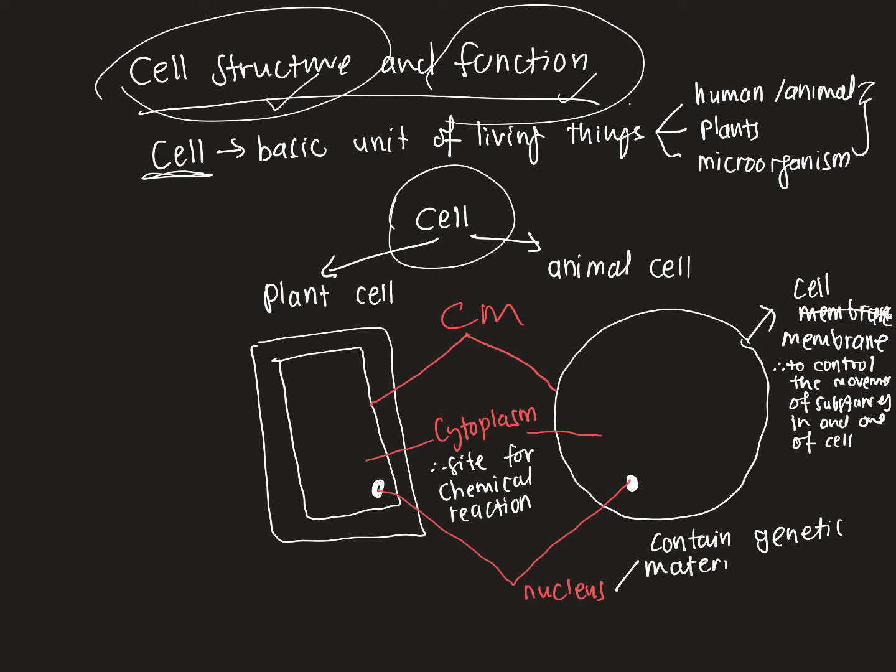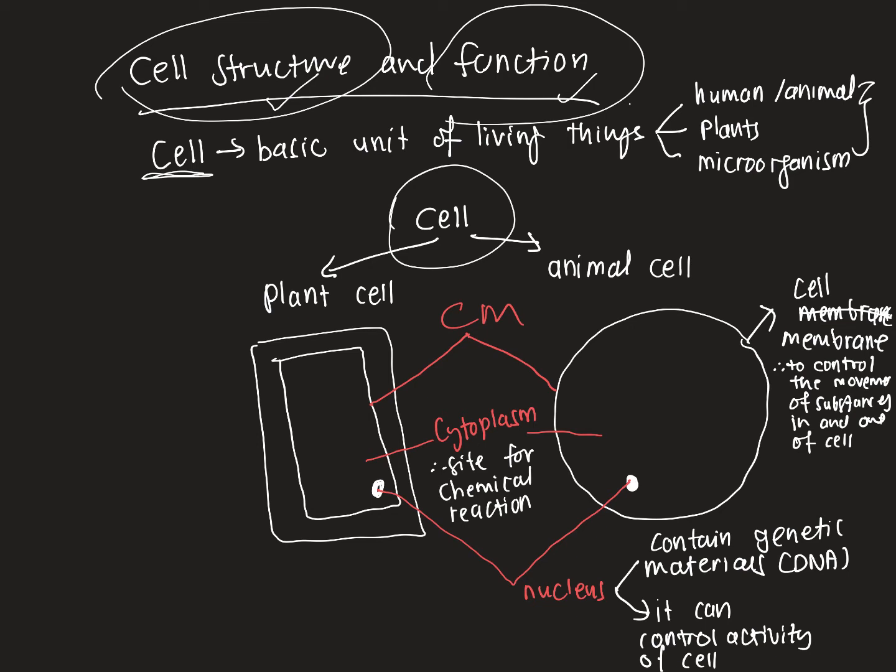Okay, ataupun kita panggil dia DNA. Okay, so since it contain all the genetic material, sebab dia ada maklumat, it can control activity of cell. Okay, so these are the three shared characteristics between the plant and animal cell.